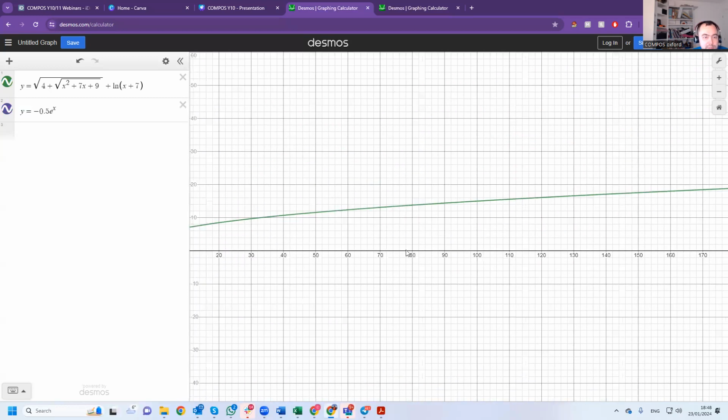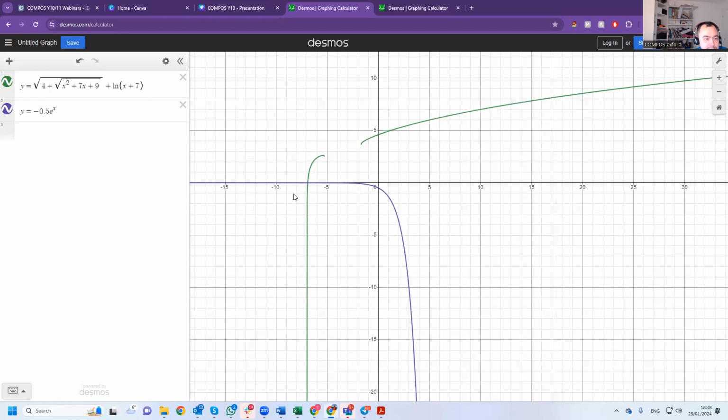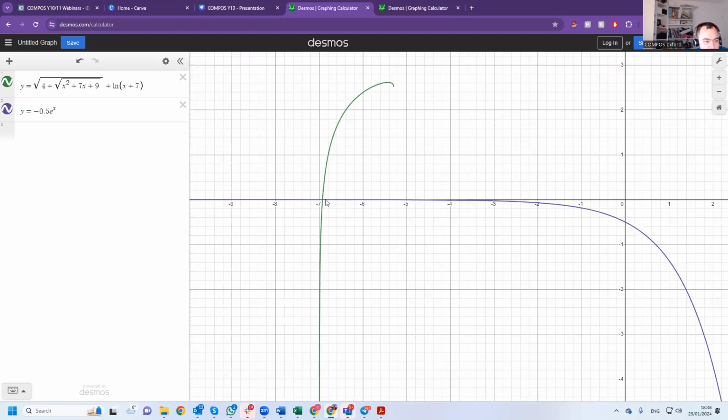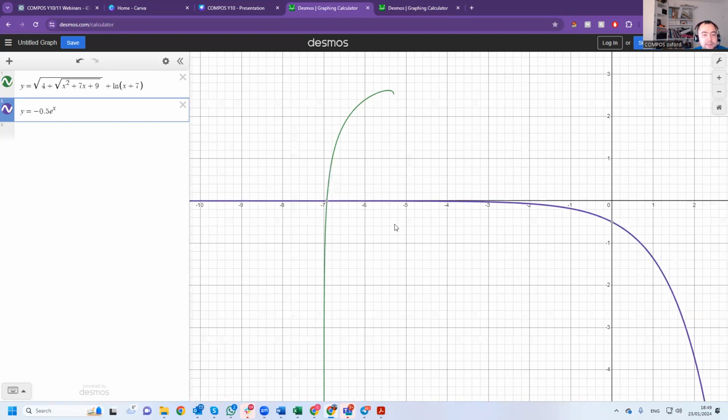And you can see the two graphs and where they intersect. The answer is x is minus.